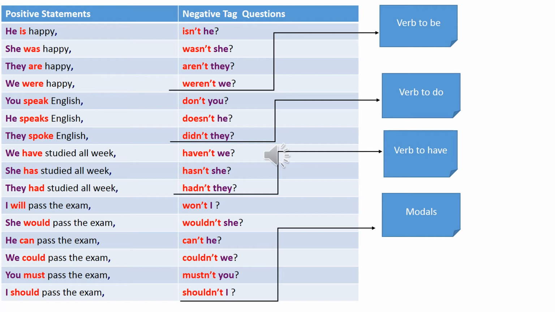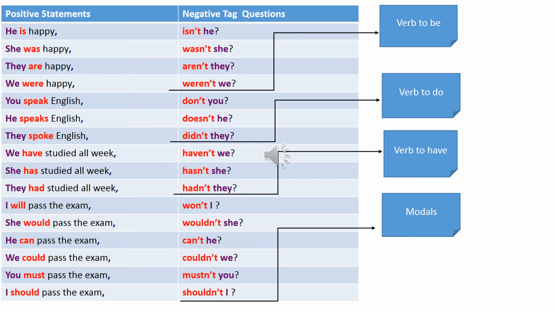And we know that if we want to negate the sentence in simple past, we have to use did not. They spoke English. If we want to negate it, we will say they did not speak English.